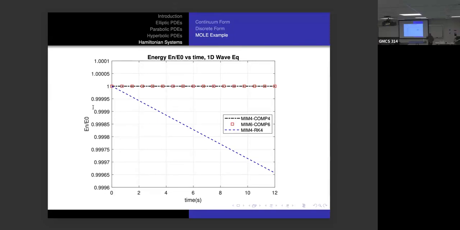The reason we chose those, by the way, is because they are staggering time, so it really matches the mimetic method. So all of them 6 with 6, 4 with 4. You're talking energy conservation in time and space. So the failure to conserve energy in time is all the quote unquote fault of Runge-Kutta 4.